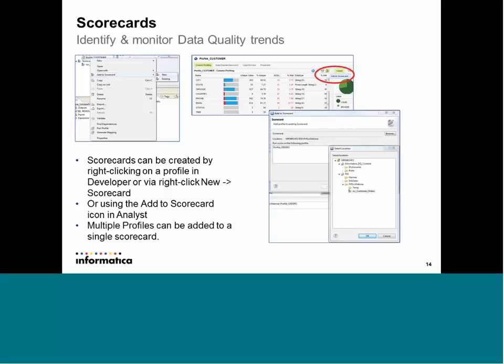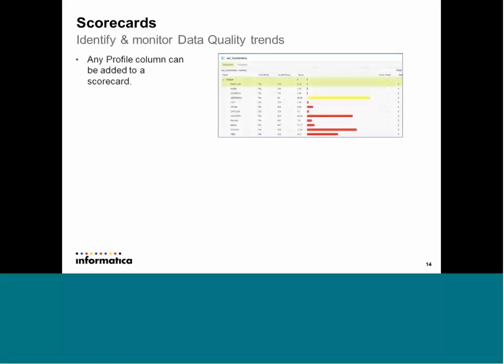And you can also add multiple profiles to a single scorecard. And you can pick and choose which columns you add as well. So any profile column can be added to a scorecard. That's not always necessarily great. For example, in our little screenshot here, we have something called party ID, or we have name, etc. A lot of those are going to be unique values.